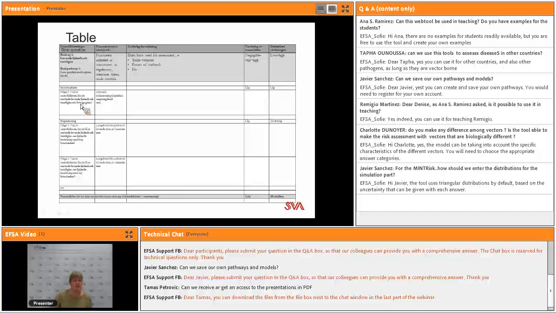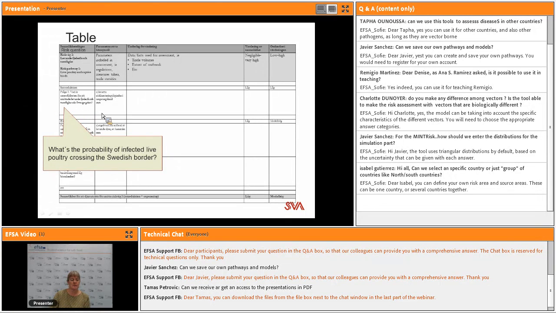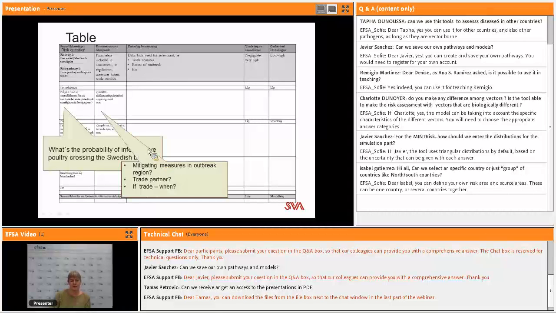So, for example, this table is for avian influenza, and the first question is, what's the probability of infected live poultry crossing the Swedish border? And to answer that question, we would consider, for example, mitigating measures in the outbreak region, if this region is a trade partner, and if we traded, when did we do it? And if we traded, what were the trade volumes? And after that, we do our assessment.